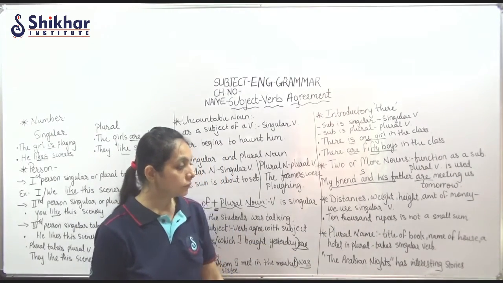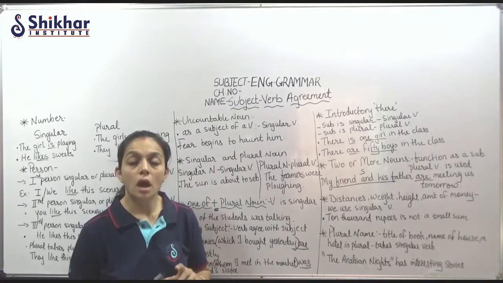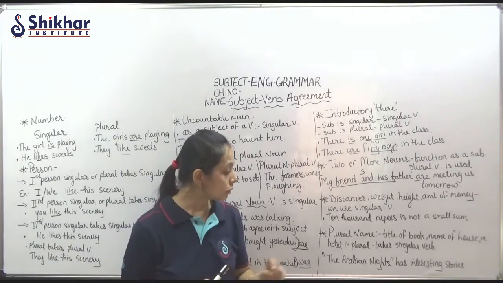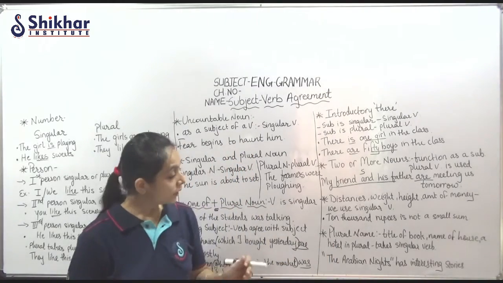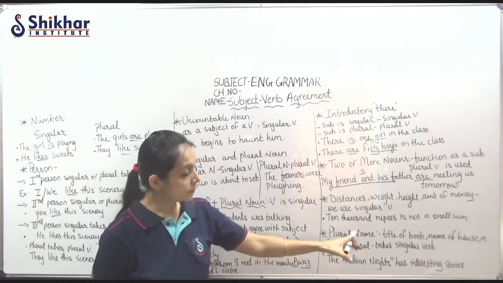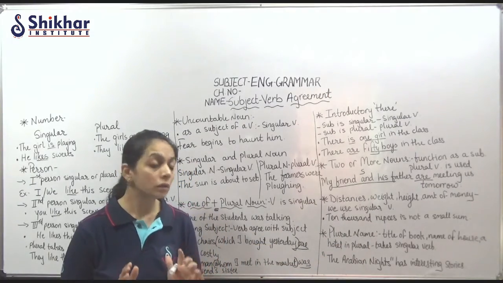Plural names. If the name of a book is in plural, or a house name is in plural, or the name of a hotel is in plural, then though the name is in plural, we will take the singular verb.